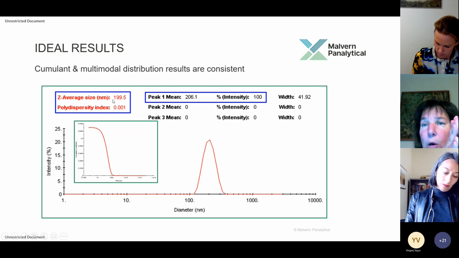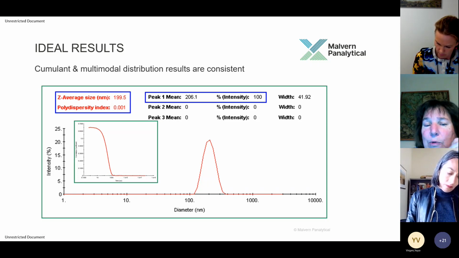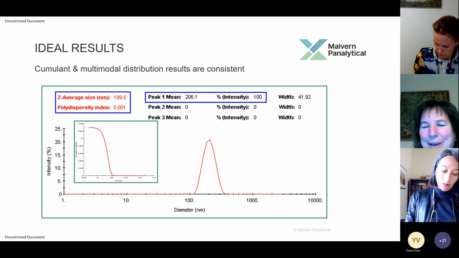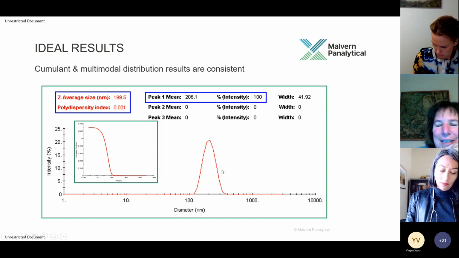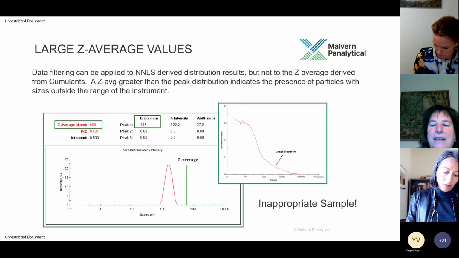So when a sample is so monodisperse, it actually fits a single exponential decay better than it does the summation of exponential decays. Now, let's talk about really an inappropriate sample.